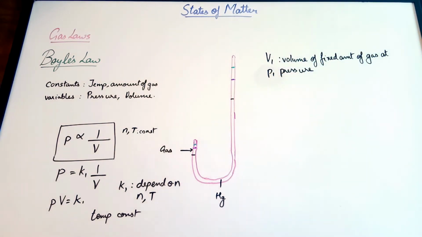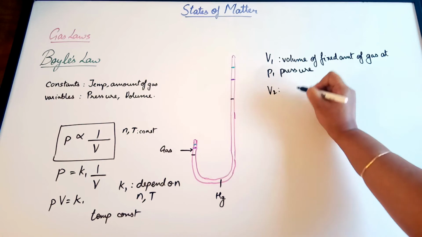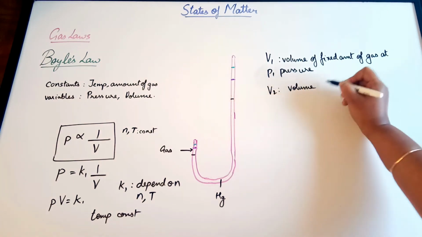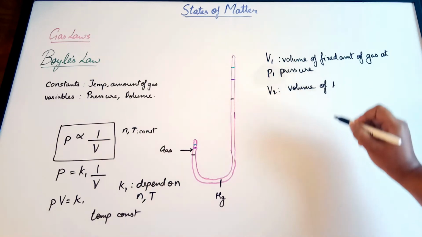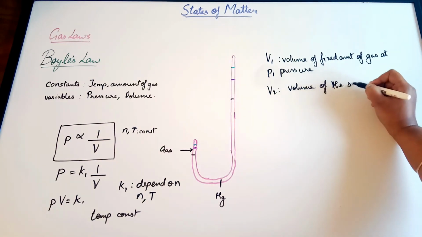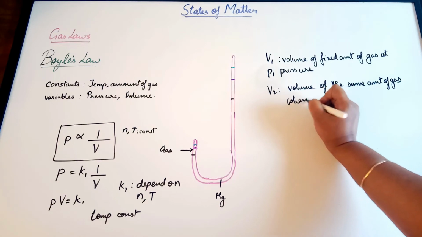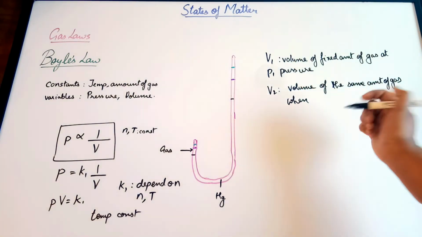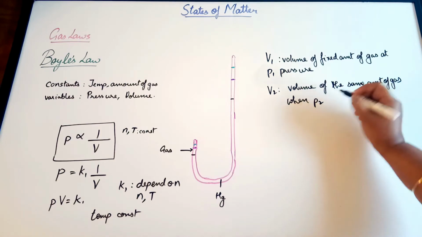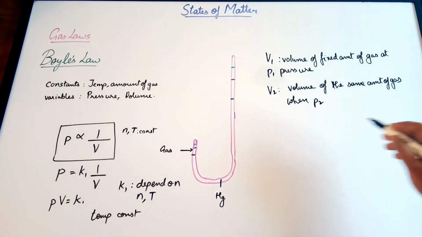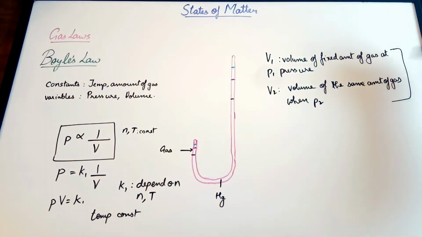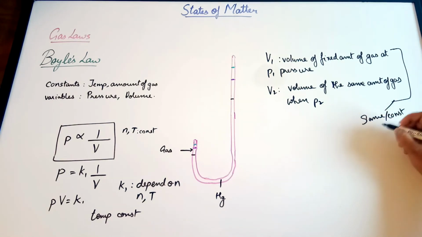And next, V2 will be the volume of the same amount of gas when the pressure has been changed from P1 to P2. So when pressure is P2, both are going to be at the same, or constant, temperature.